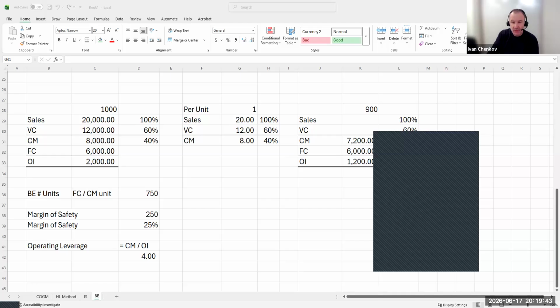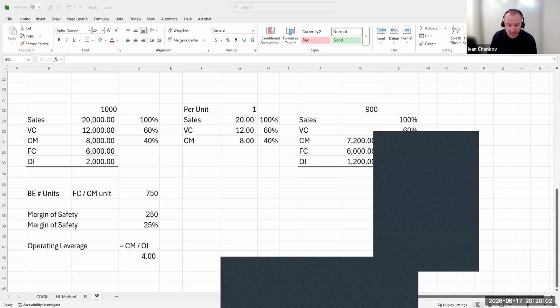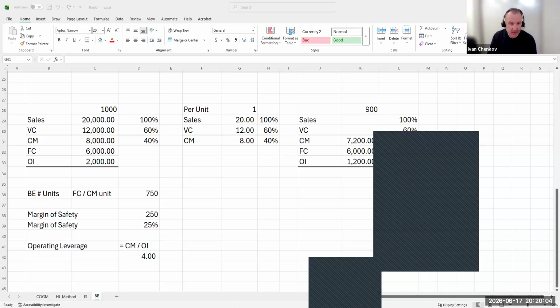Another question that you might see is different accounts which are related to job costing. Let me find something here on job costing and I'll show you what it's going to look like.